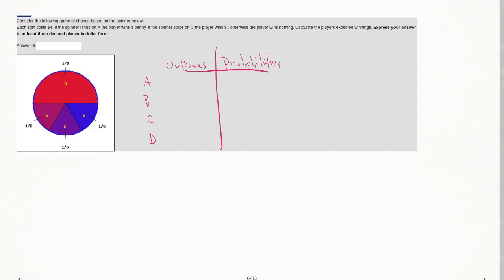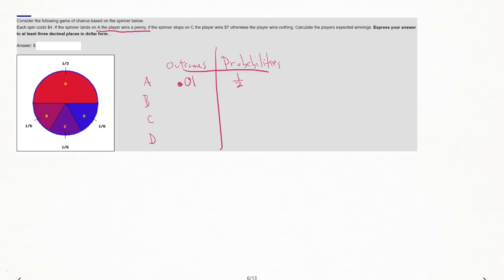Our outcomes are the amount of money that's going on, to be honest with you. So outcome A, well, you can consider them the outcomes, but the outcomes in terms of a dollar amount is what we're really concerned with. So A, notice what happens. A, the player wins a penny, so that would be 0.01. Now, what's the probability of landing on A? 1/2.